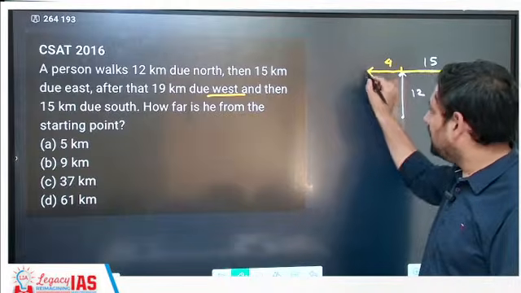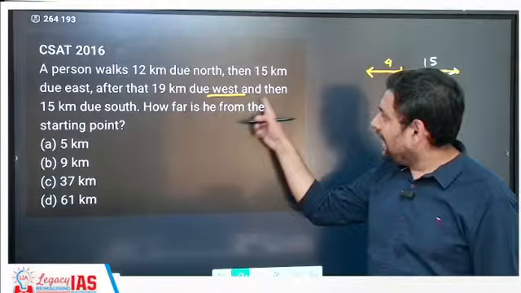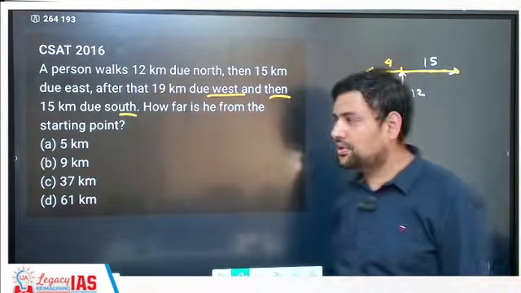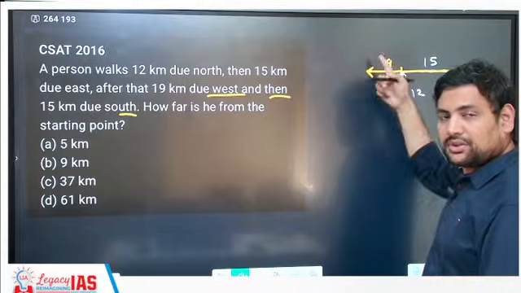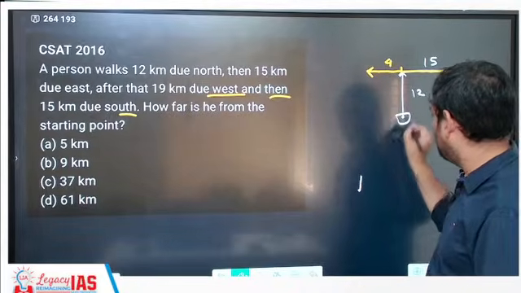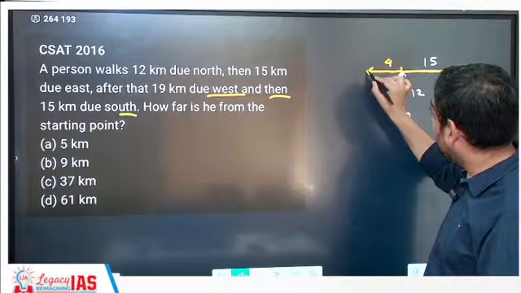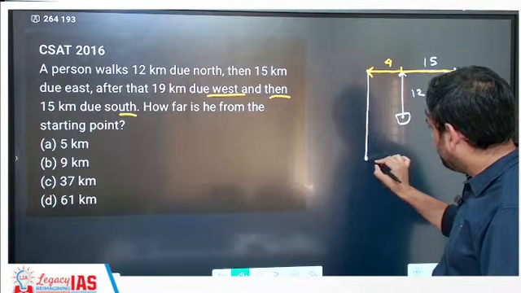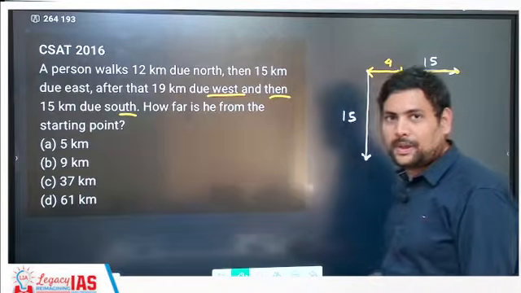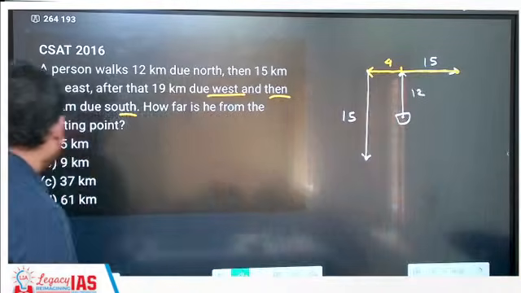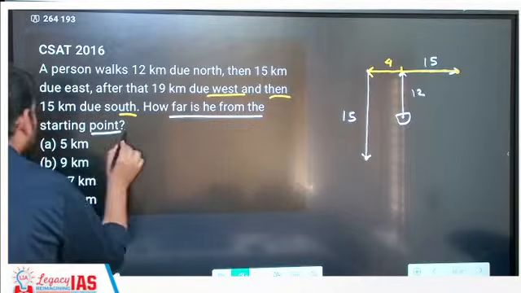And here I will reach. And then it is said, and then 15 kilometer due south. So from here he goes 15 kilometer. This is 12, so he will cross this point also. This initial point will also be crossed. So I go here. This is 15. Correct.